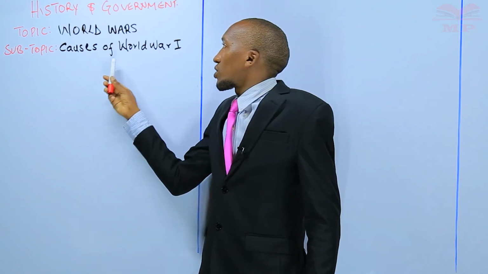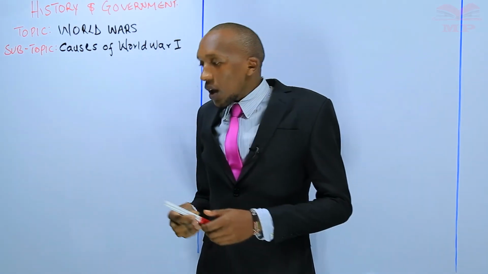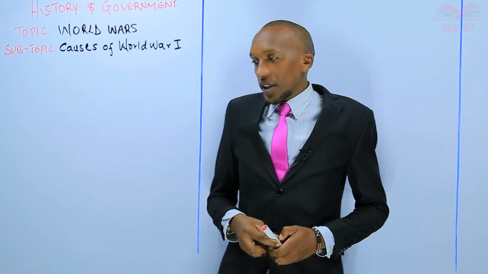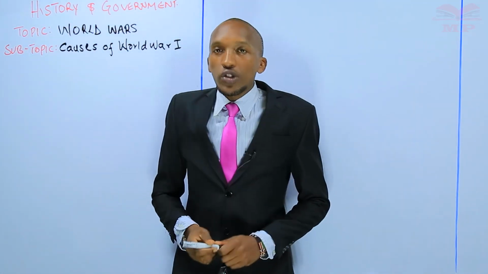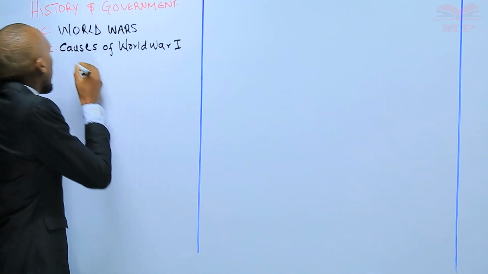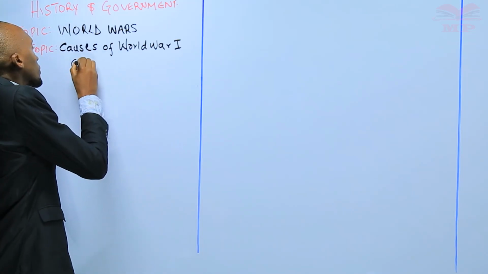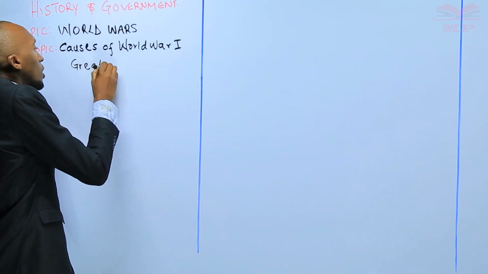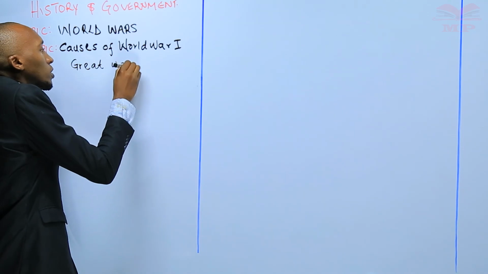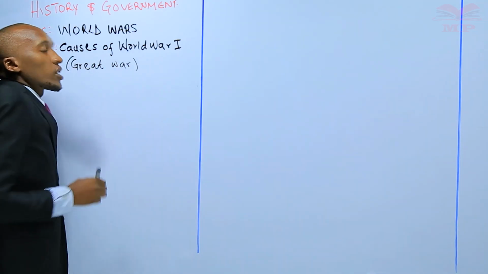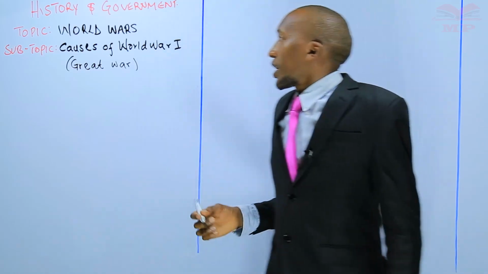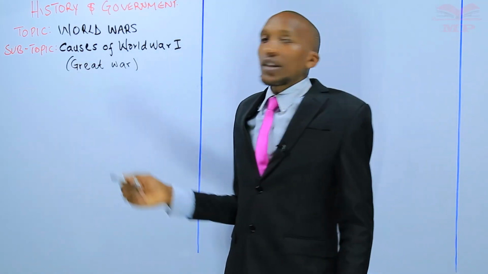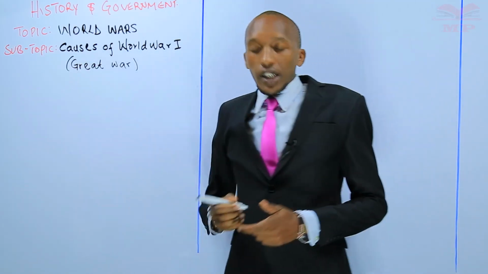I would like to mention that World War One is also referred to as the Great War. So today we are going to discuss the causes of this Great War.